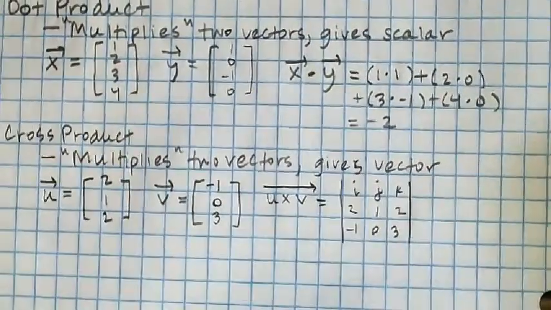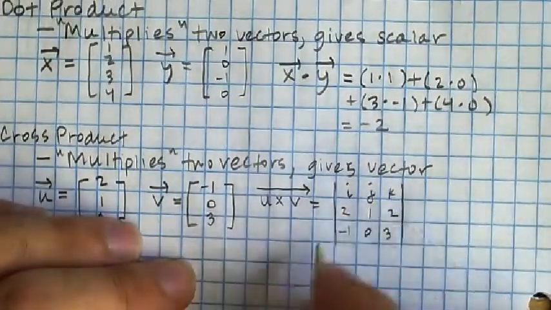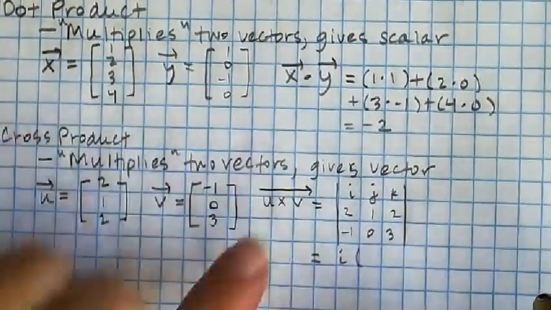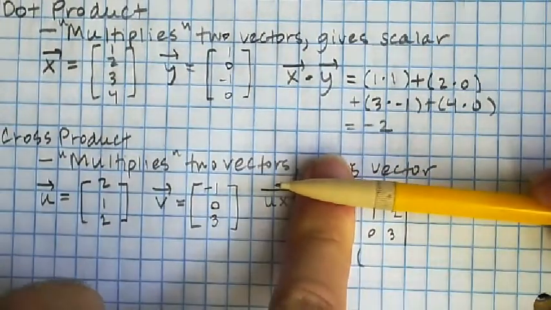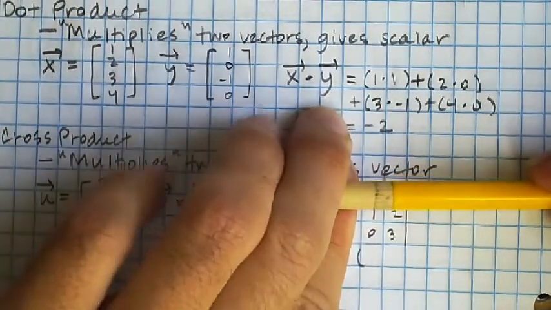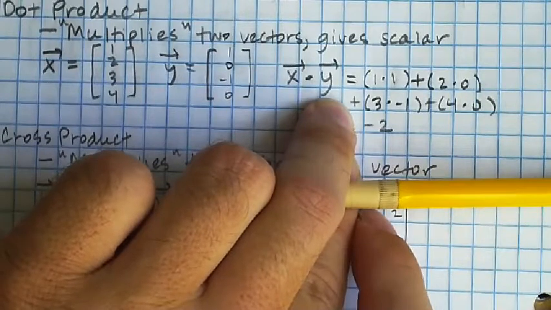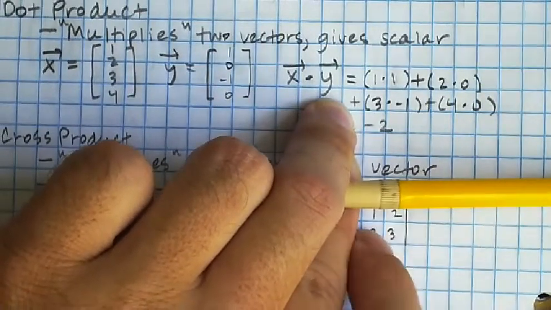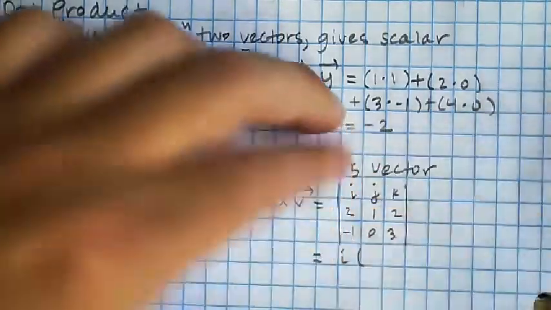This is going to equal i times, and then you cover up the row and column that have i in it. Then we take the determinant of this 2 by 2 matrix, which you may not know about yet, but basically we multiply down diagonally and then the other way down diagonally, and subtract the products. So 1 times 3 minus 2 times 0.